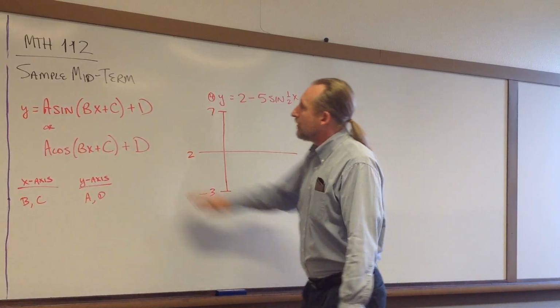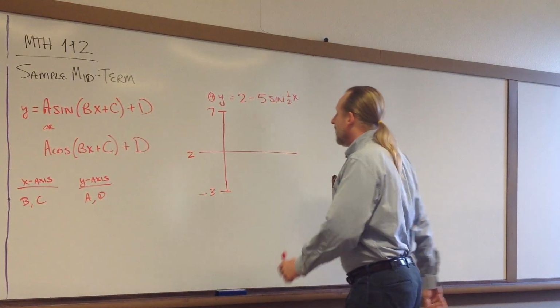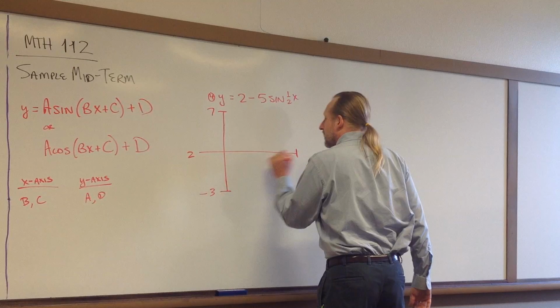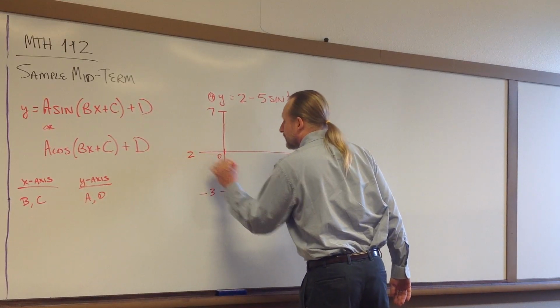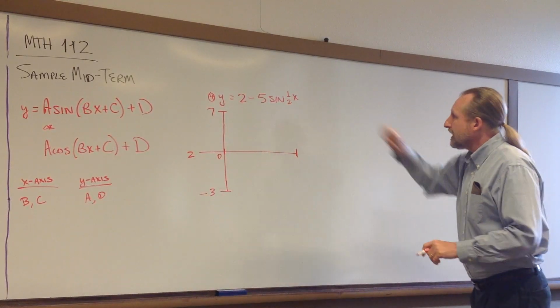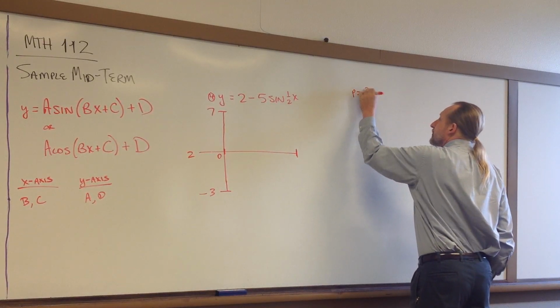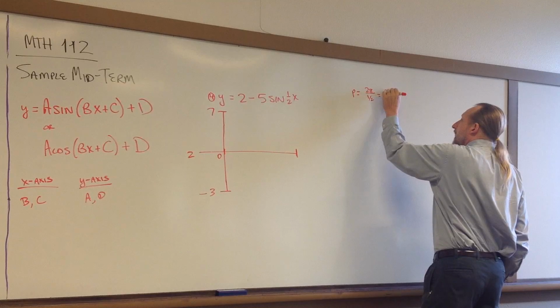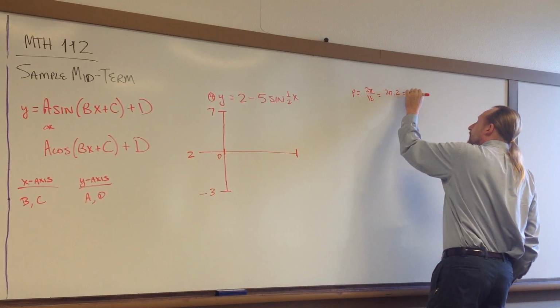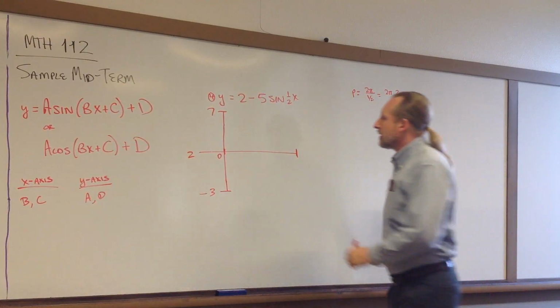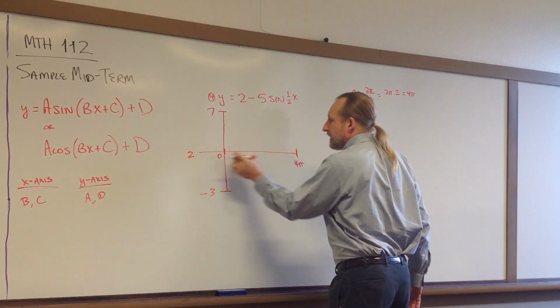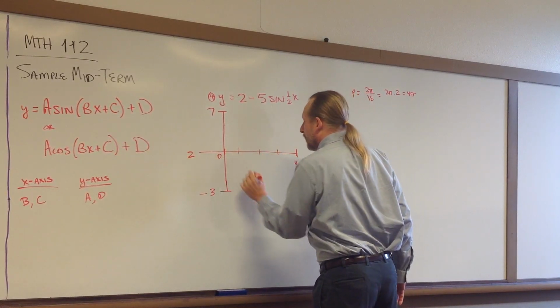Okay? Now notice that there's no value for C, so that means that there's no shift. We'll be starting at 0. But the period is going to be a little bit different here. The period is going to be 2 pi divided by a half, which is 4 pi. Okay? So we're starting at 0, we're ending at 4 pi.